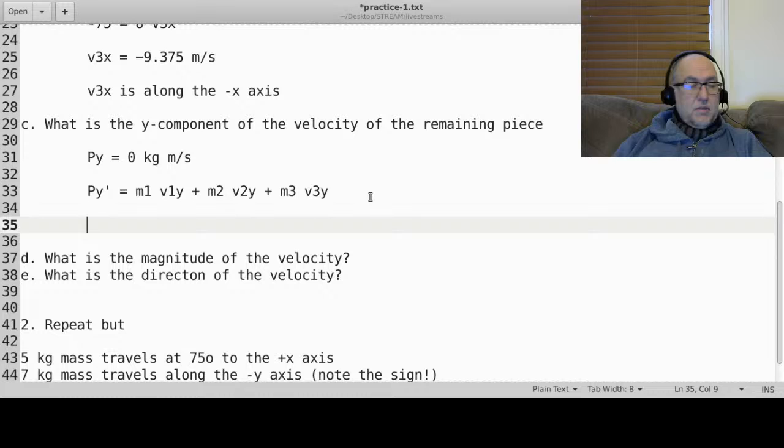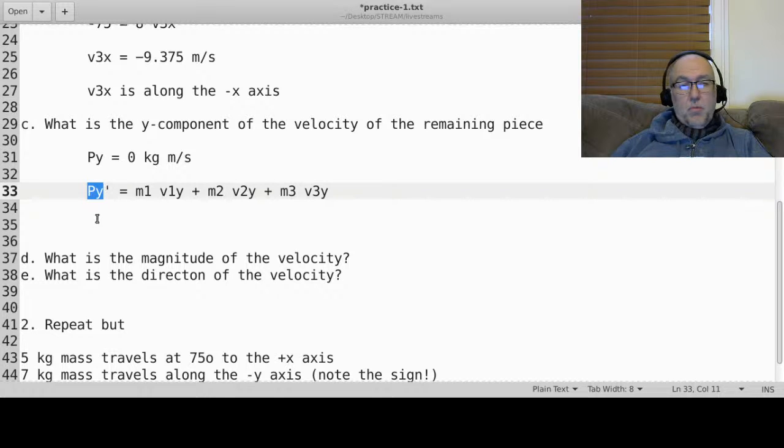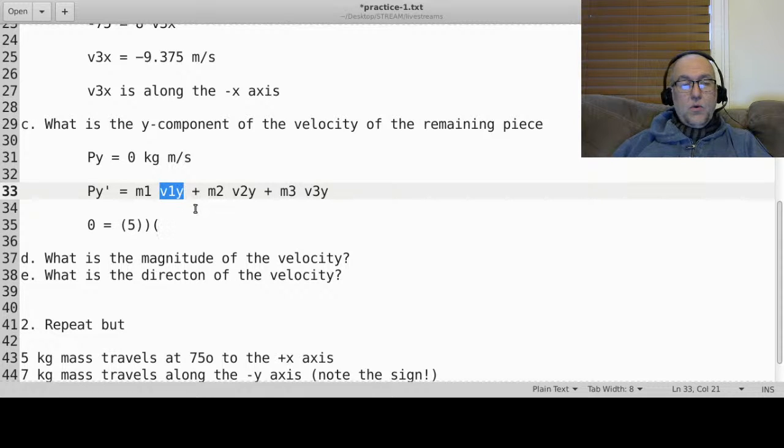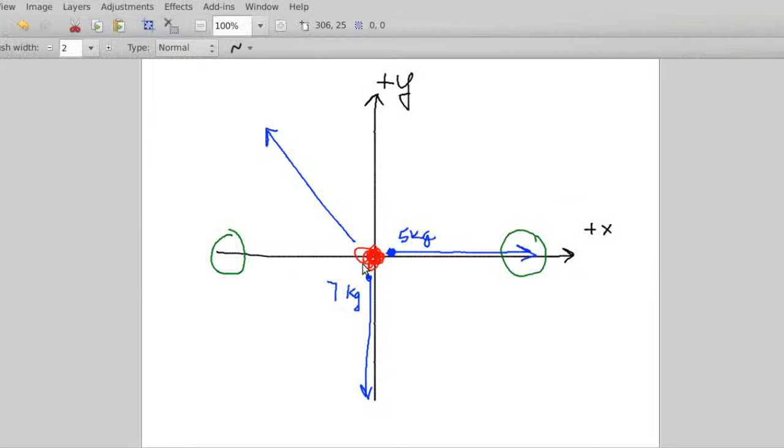So if we plug in the numbers here, y component of the momentum afterwards, same as before, 0. M1, 5 kilograms, V1y. What does that ask for? That asks for the y component of the velocity of mass number 1. Go back to the diagram.